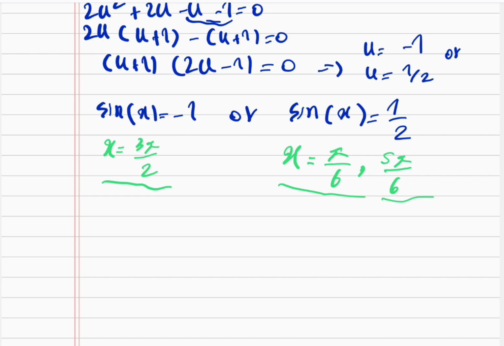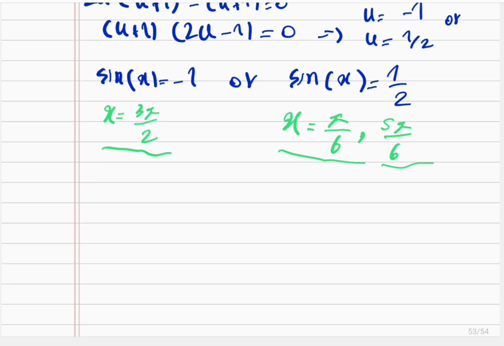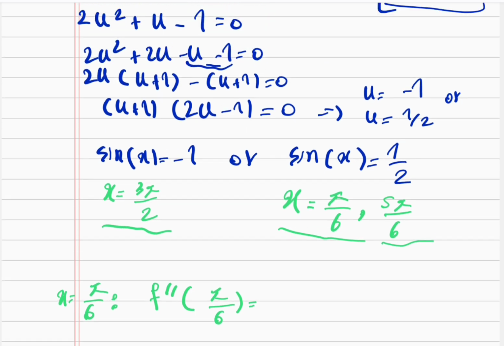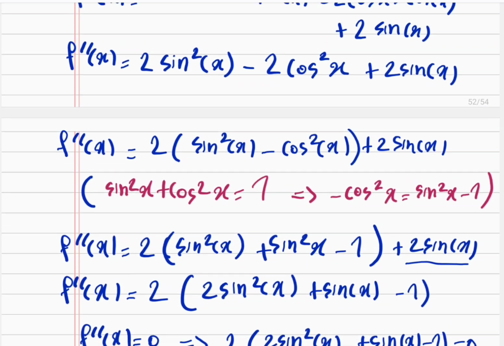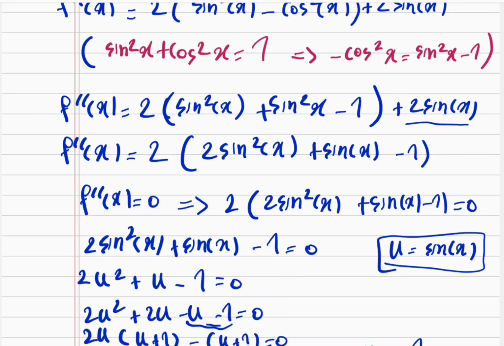All we have to do is start with pi over 6. So let's analyze the behavior at pi over 6. When x is pi over 6, let's see what happens. First, let's find f double dash of pi over 6. This is the value that we obviously expect to get 0. So we just substitute pi over 6 into the equation of f double dash x, which is written here.